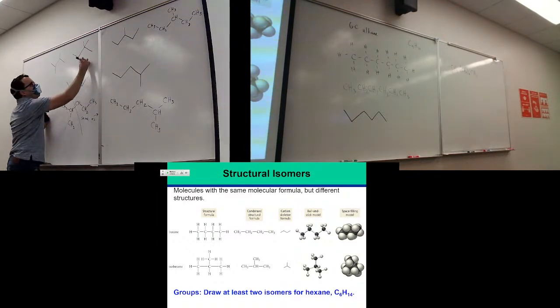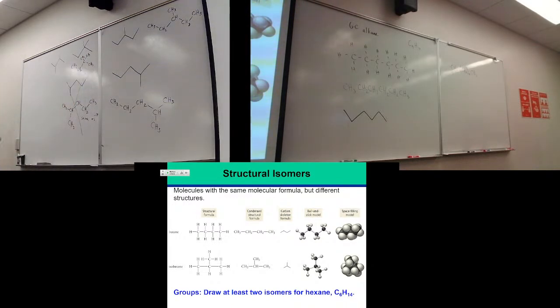So if I draw CH3, CH3, CH3, CH2, CH3. So everything still has 1, 2, 3, 4, 5, 6 carbons and 3, 5, 8, 11, 14 hydrogens, same.